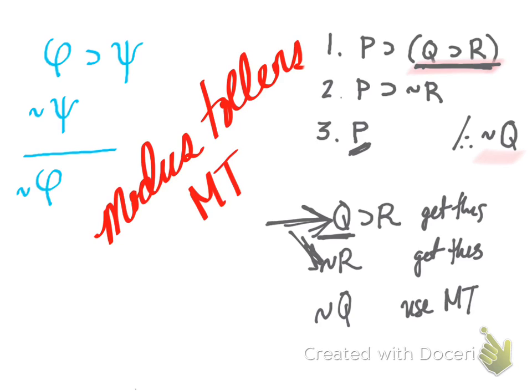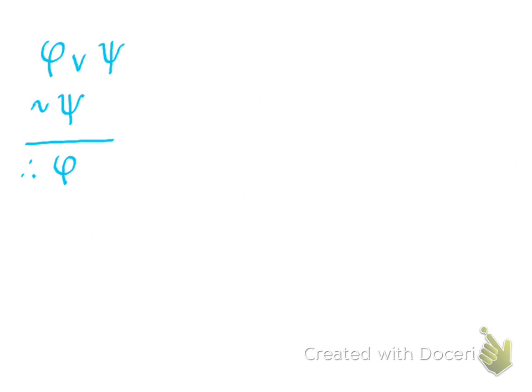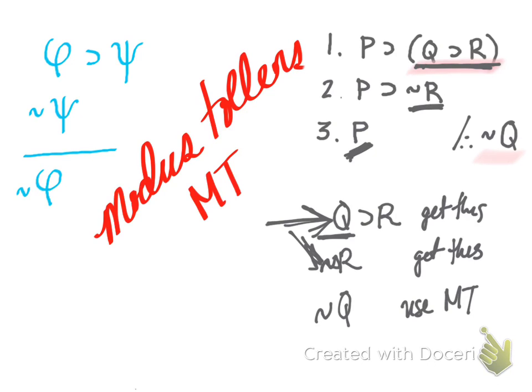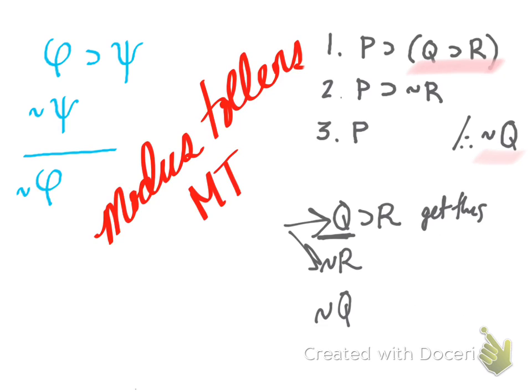And the other thing we want is not R, which is also the consequent of a conditional, and we have the antecedent of that conditional as well. So I have this bigger plan in my head. I'm going to use modus ponens twice, once to get this, once to get this, and then I will use modus tollens after I have those on their own line. So that's kind of a big picture thing, but let's just go through it step by step.